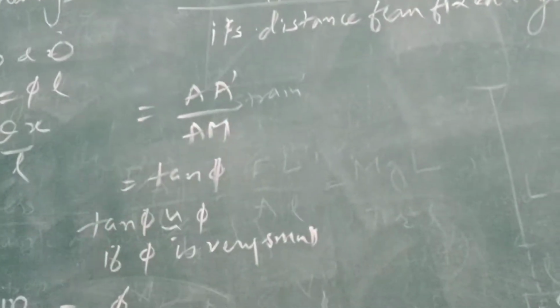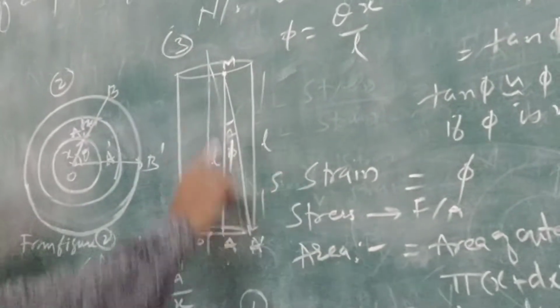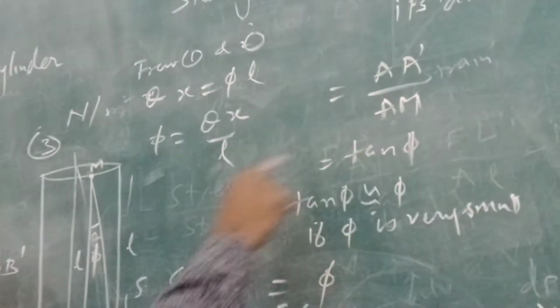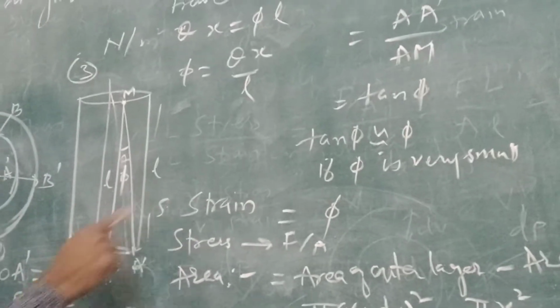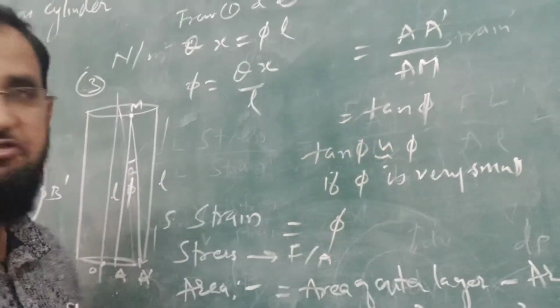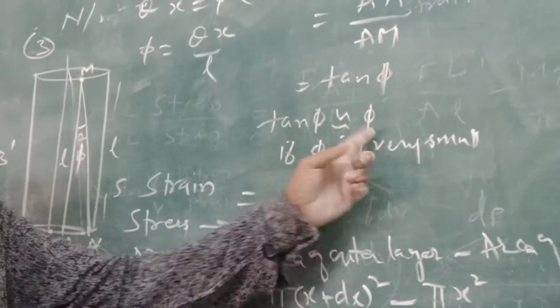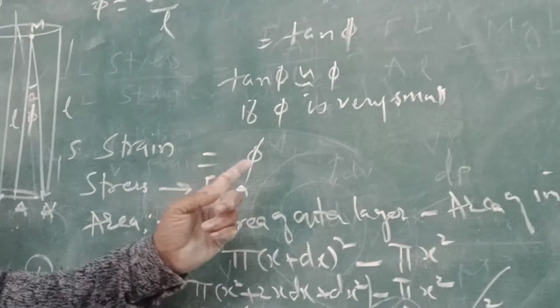That is, in this figure, lateral displacement is A dash and AM is the fixed layer. So it is the opposite side upon the adjacent side, and it is equal to tan phi. If phi is very small, then tan phi is phi. Therefore I calculated here the shearing strain as phi.